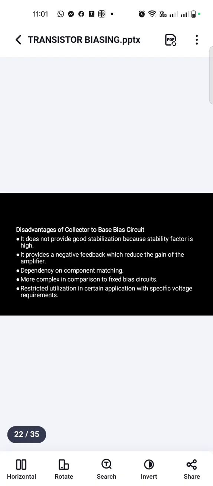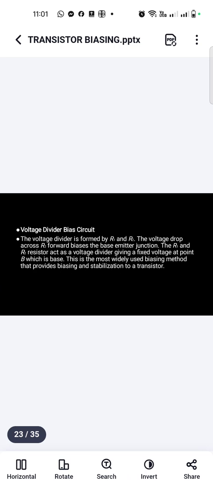Next, voltage divider bias. So what is voltage divider bias? This is the third type of biasing present in transistor biasing, right? In voltage divider bias, we use two resistors. What is the purpose of a resistor? To resist the flow of current, right? So here R1 and R2 are used to divide.